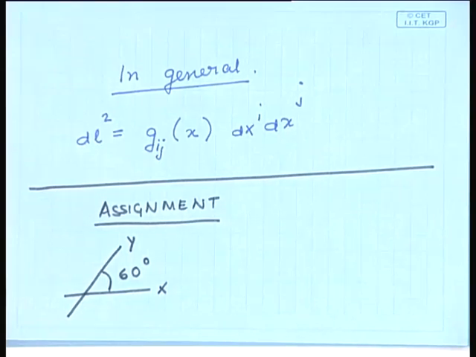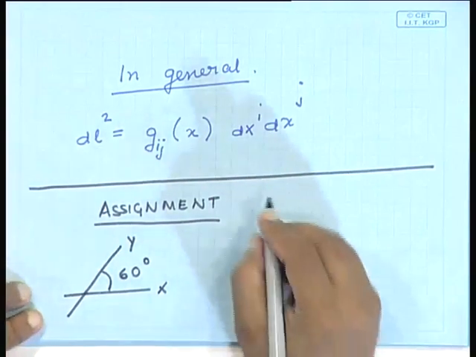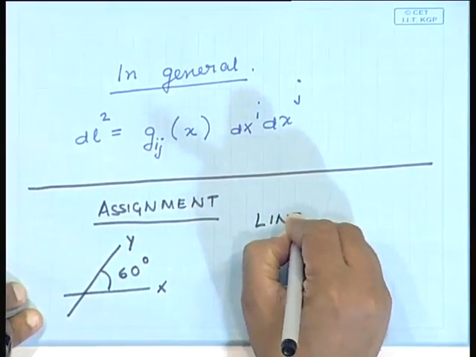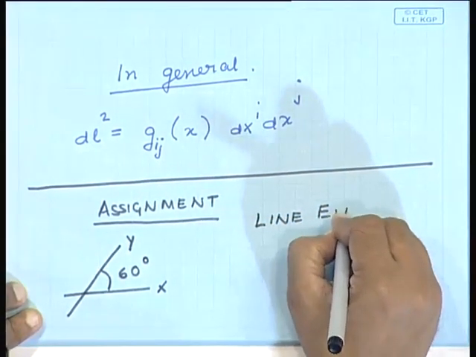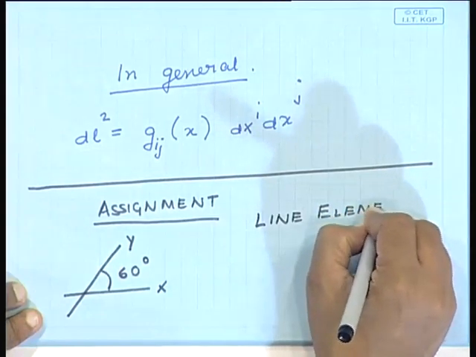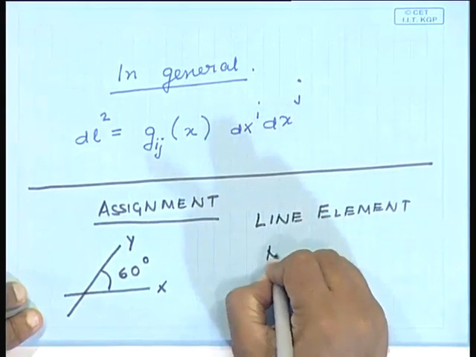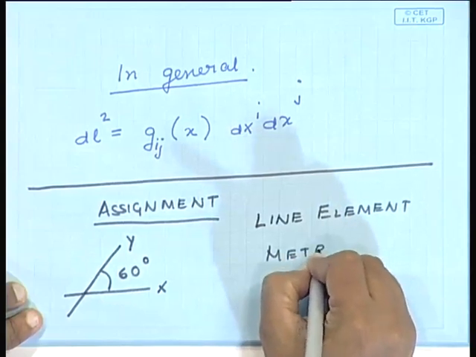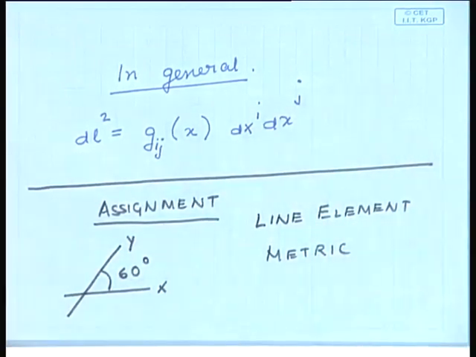There will be some difference, and that difference will make a change in the metric. So you should calculate the line element and the metric for the flat space in this non-Cartesian coordinate system, which is linear, but the two axes are not perpendicular to each other.